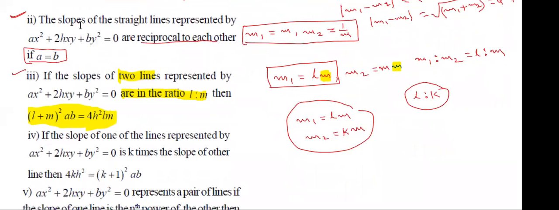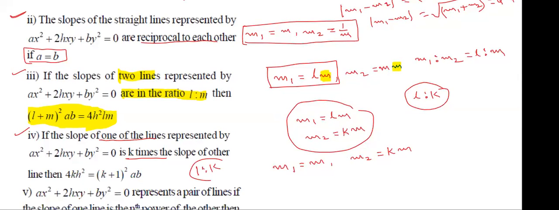Okay, now I am going to the fourth point. See here, the slope of one of the lines is k times the slope of the other. That means if the slope of the first line is m, the slope of the other line is km. So the slopes are in the ratio 1 is to k.